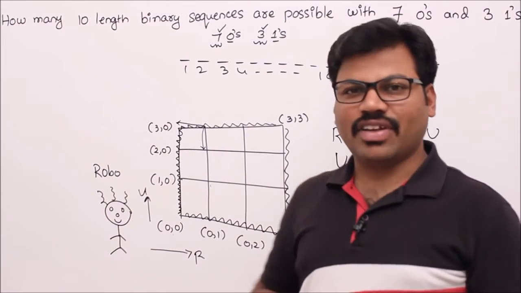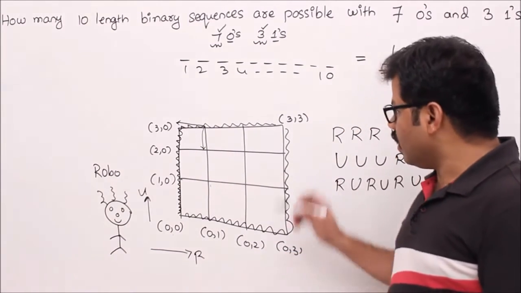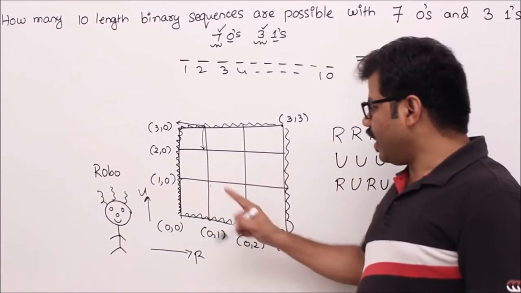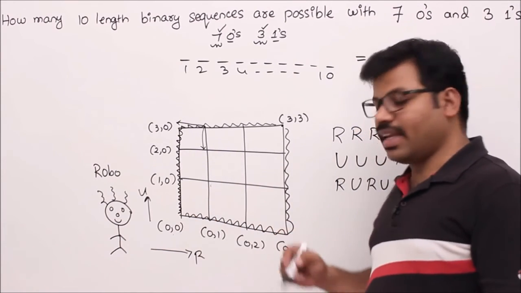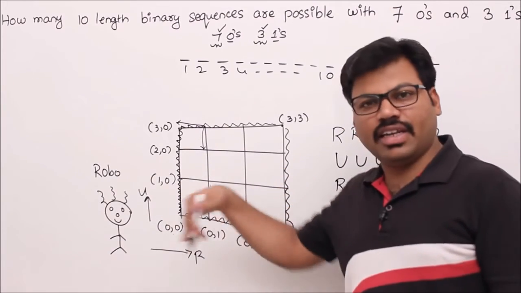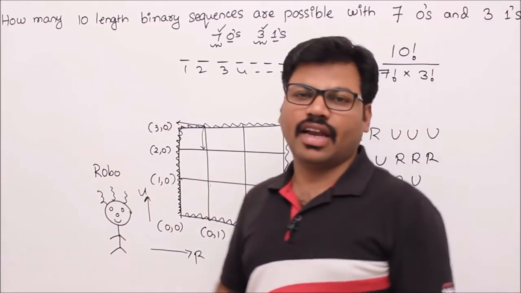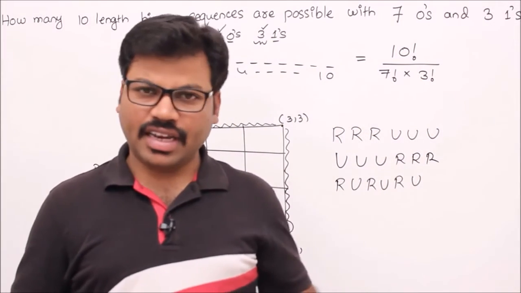Yes, still it is giving the point. So what is my final conclusion? To come to this point, eventually robo should take 3 rights. That's compulsory. That right dimension should be taken completely. That means there are 3 rights, right? They should be completely taken, and 3 ups should be taken, but in any order.